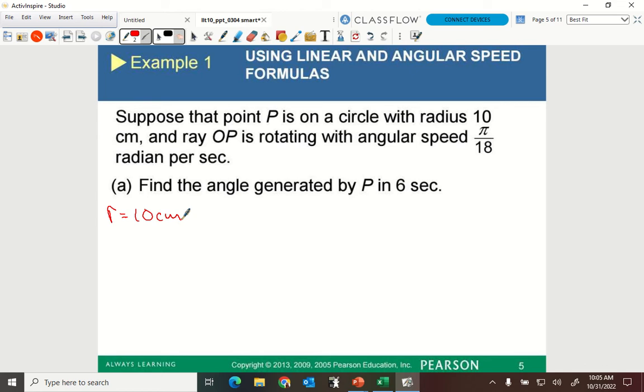What variable is representing angular speed? W. If you didn't know that, you could back up a slide. So w is pi over 18, and it's speed. Speed is a distance over time, but this one is an angle over time, and that's radians per second.